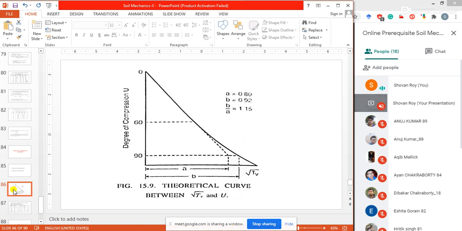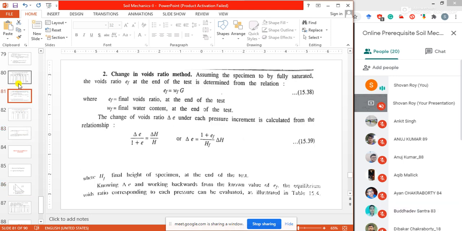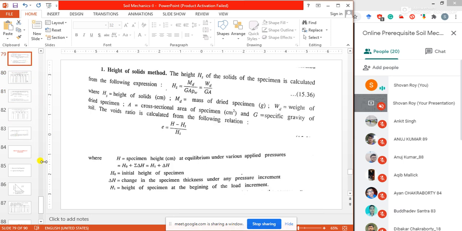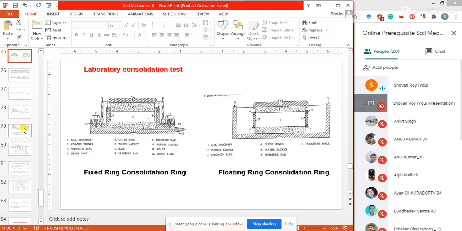So when our concern is the square root of time fitting method, the factors involved to find out the coefficient of consolidation using this method are the two values we have already discussed earlier, that is, the time factor and the degree of consolidation.